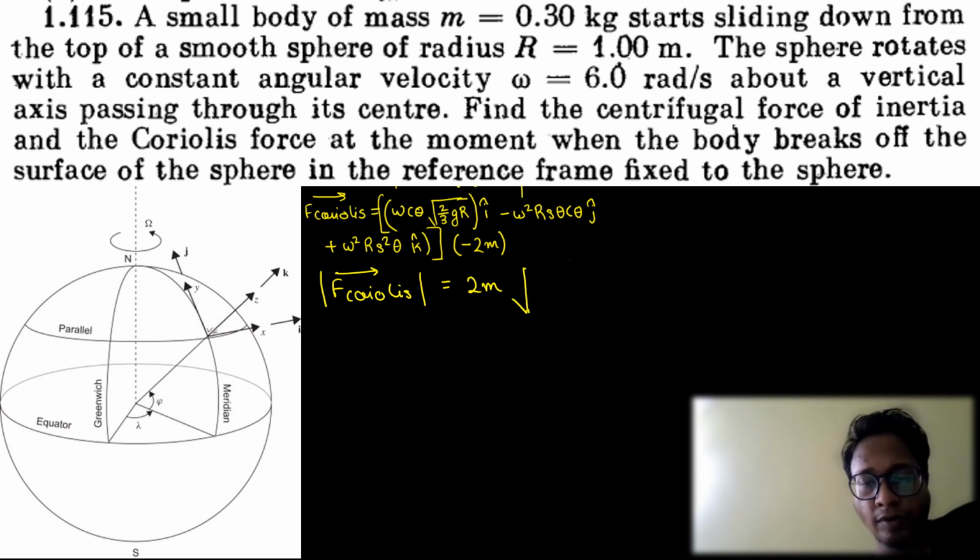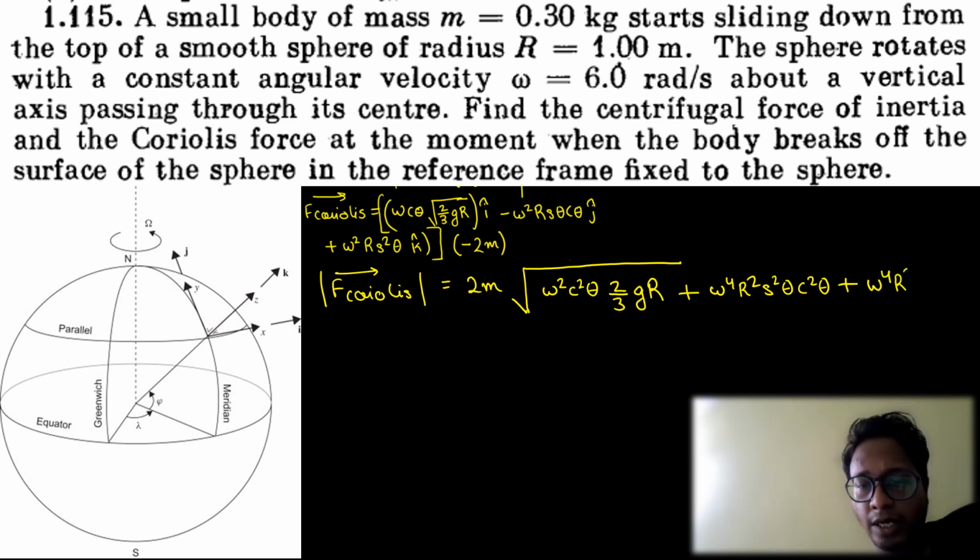Into the square root of, out here, this entire term squared is nothing but omega square cos square theta and 2 by 3 gr, plus this entire term squared, this minus will get converted to positive, so it is nothing but omega 4 r square sine square theta into cos square theta, plus this entire term whole squared is nothing but omega 4 r square into sine 4 theta.